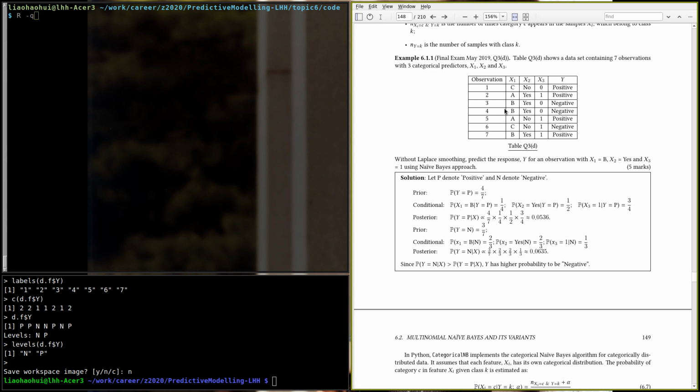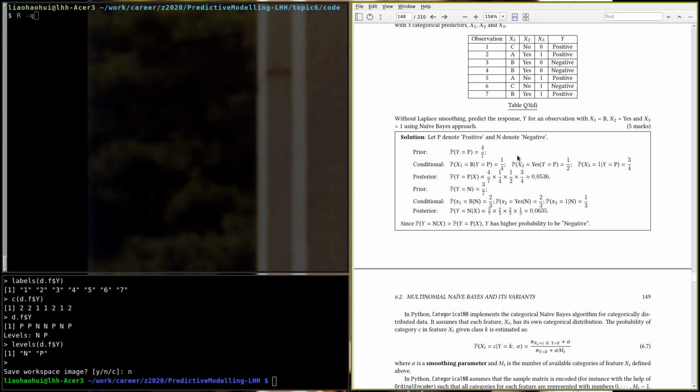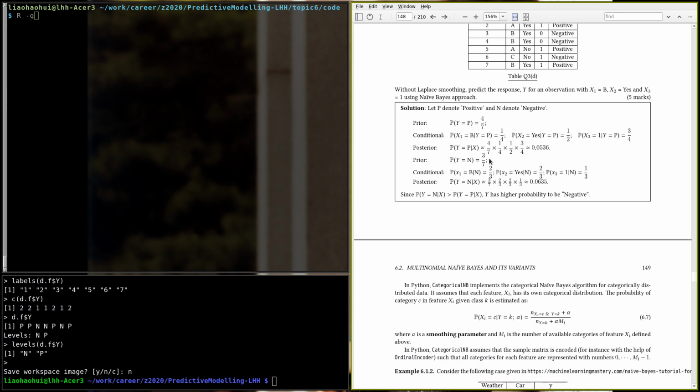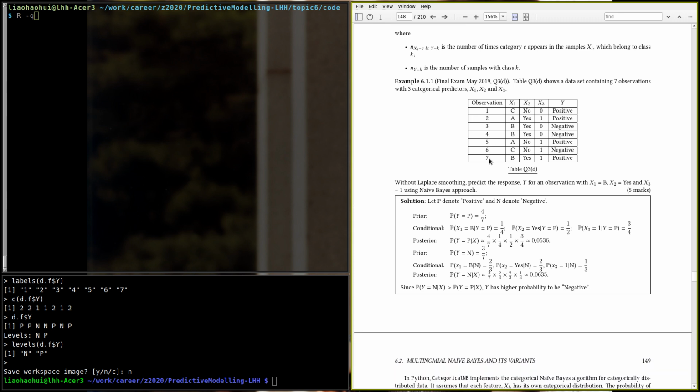The others are also categorical data. We are asked, without using Laplace smoothing, to predict the response y based on these observations. So we are given x1, x2, and x3, and we need to predict. Is this difficult? It should be rather easy.